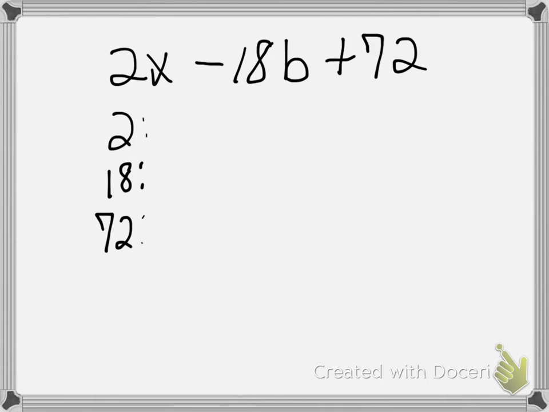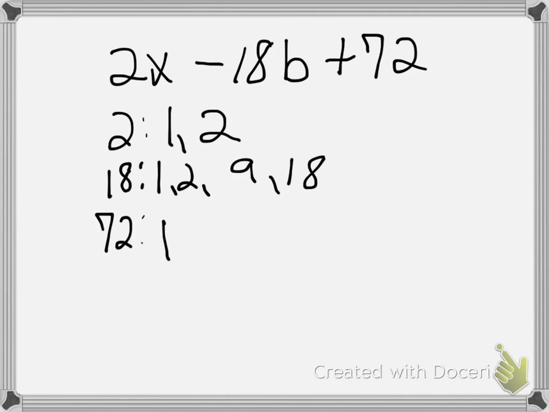I'm going to use some math reasoning here, because I know that this one's obviously just 1 and 2. This one has 1 and 18, but it's even, so I know that 2 will go into it. And I know that down here, 1 and 72, 2 is also going to go into 72 because 72 is even. And that will be 36.